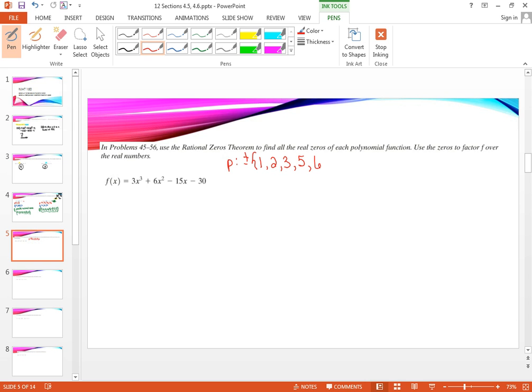Is that all of them? 10, 15, and 30. Is that right? The Q's are going to be the factors of 3. So plus or minus 1, plus or minus 3. And then if this is going to have rational zeros, we can figure out what they are.